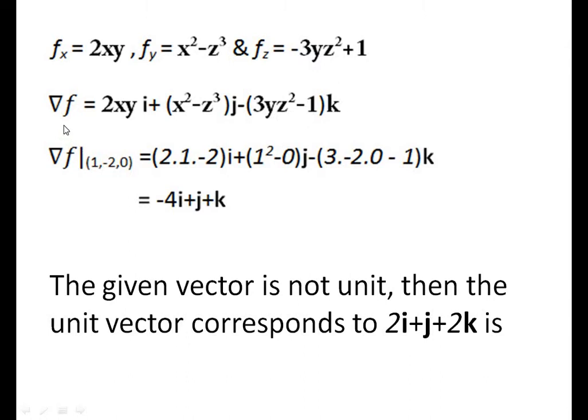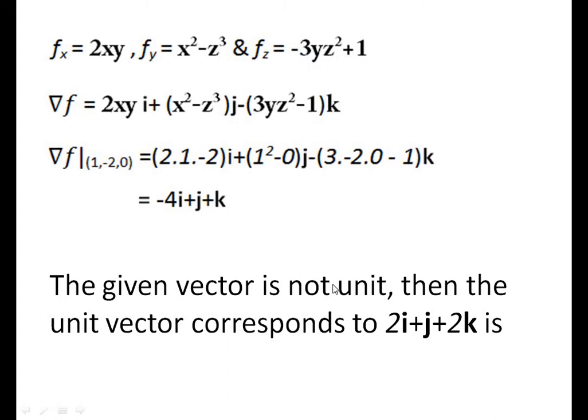Then the value of del f at the point (1, -2, 0), substituting 1 for x, -2 for y, 0 for z, is 2 into 1 into -2 i cap plus (1 squared minus 0) j cap plus (-3 into -2 into 0 plus 1) k cap, that's equal to -4i plus j plus k. Okay, then we want to find the unit vector.